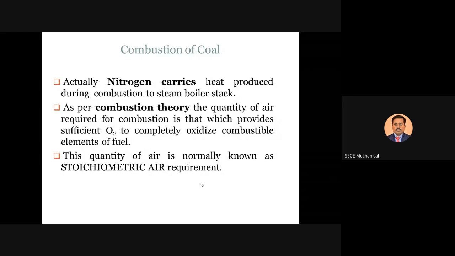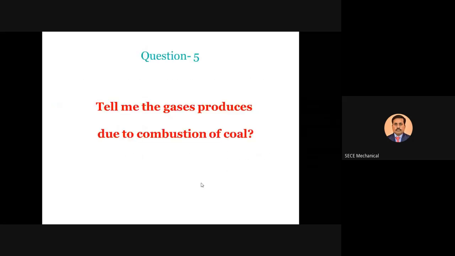That quantity of air should be controlled with the help of the stoichiometric air ratio. The stoichiometric air ratio is nothing but, for complete combustion of coal, we have to supply a sufficient amount of oxygen. That is the need of the stoichiometric air requirement. Based upon that, we send air to the combustion area and we will get complete combustion. This is the basic idea behind the combustion theory.